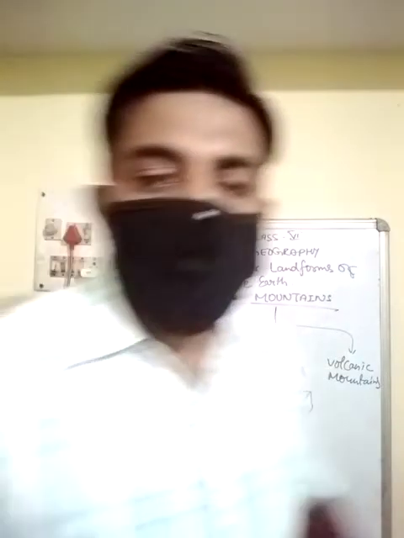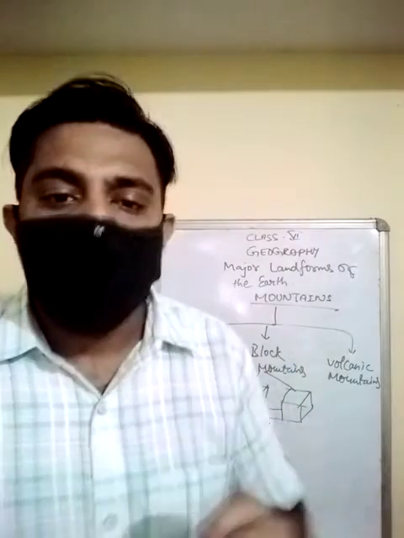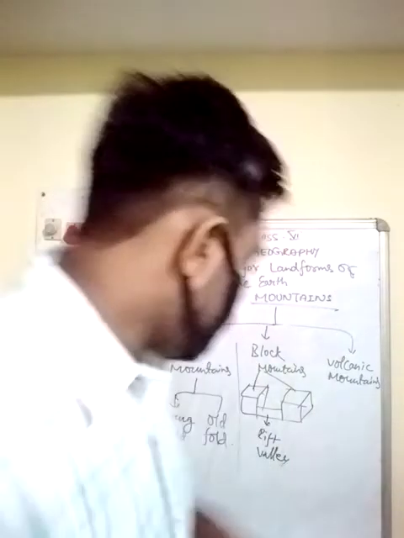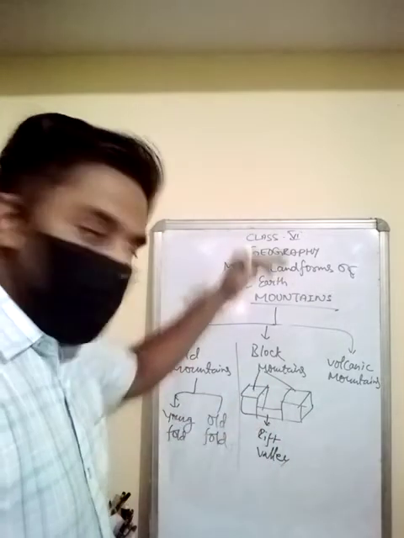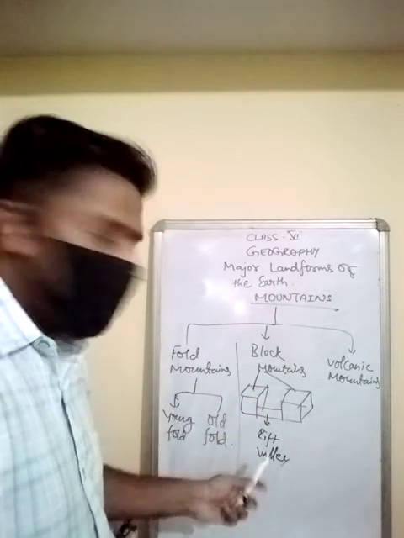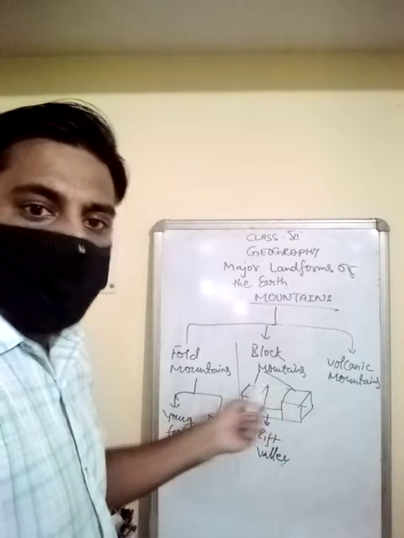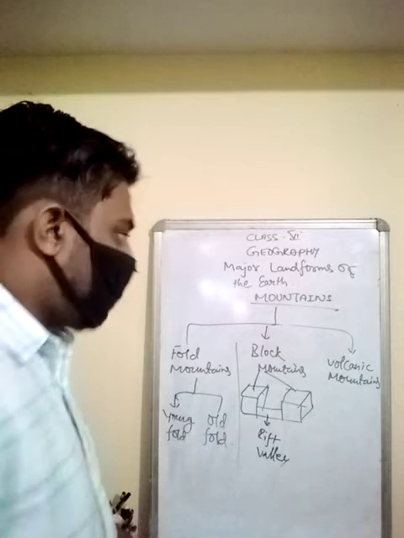So you can understand that block mountains are formed due to the process of faulting of the earth's crust from two places. Whenever cracks appear in two places, the land in the middle subsides down, and the blocks of crust left on both sides become block mountains.